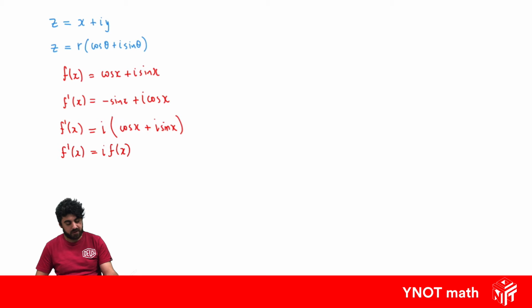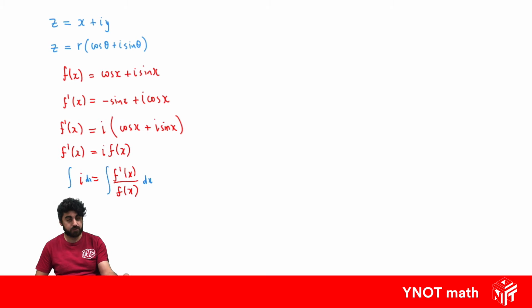Let's go ahead and divide both sides by f of x. So we get i equals f dash of x over f of x. And now we want to go ahead and integrate both sides of this equation with respect to x.